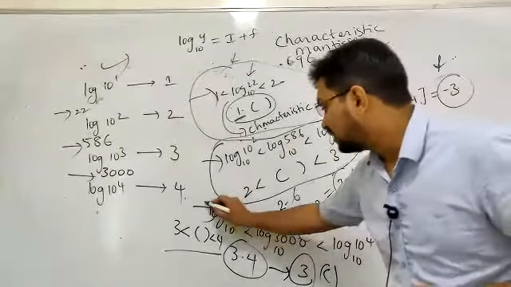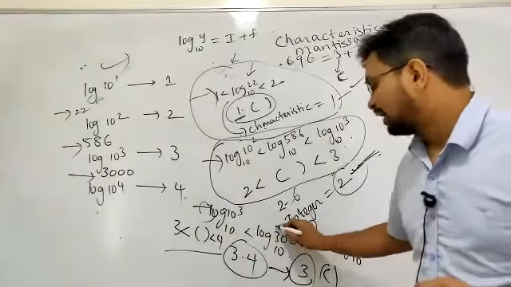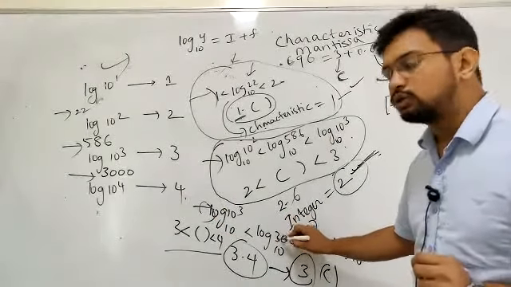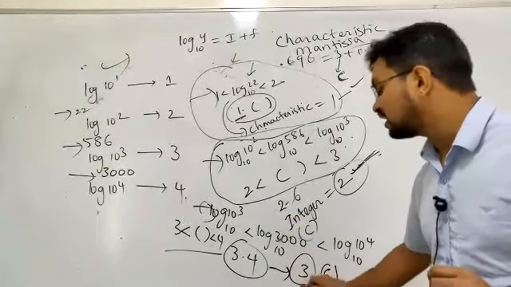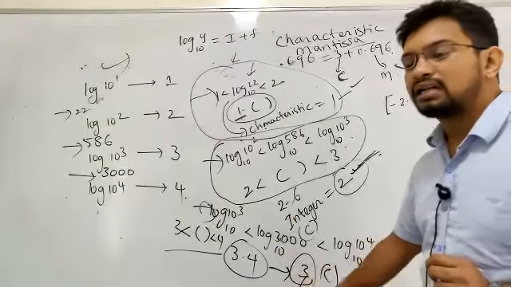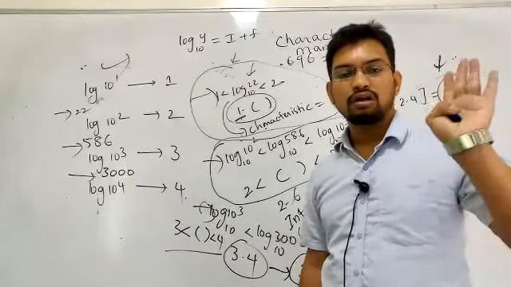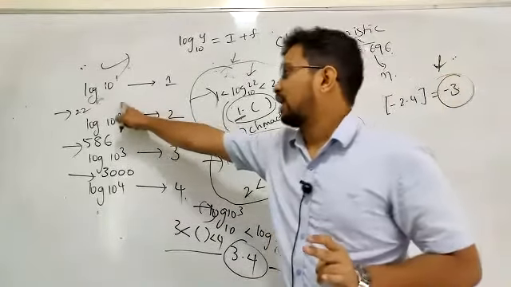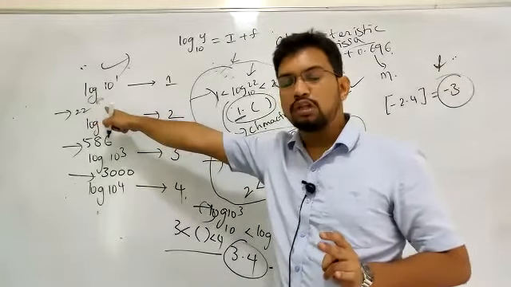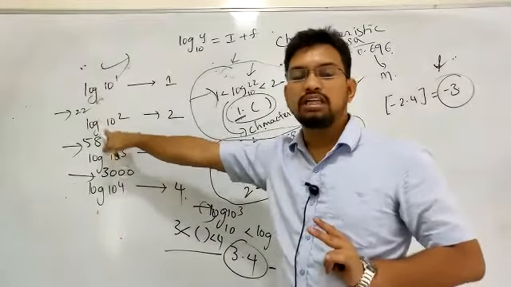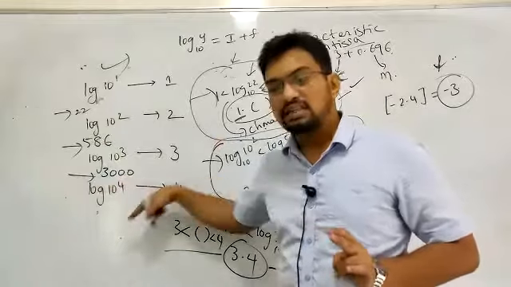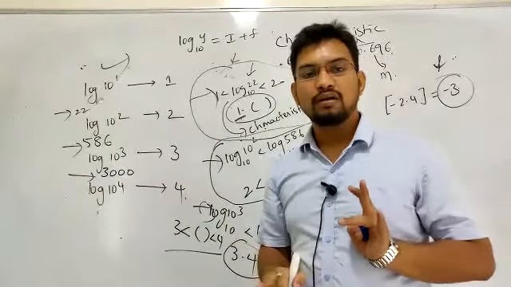Now take this example: I took 3000, and for this 3000 the characteristic is 3. And what is the number of digits in 3000? 4. So here the characteristic is 1 and the number of digits is 2. Similarly, the characteristic is 2 and the number of digits is 3. Here the characteristic is 3 and the number of digits is 4.